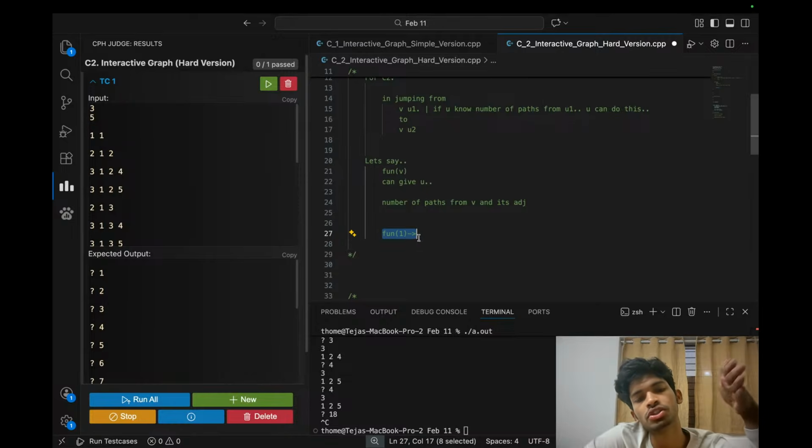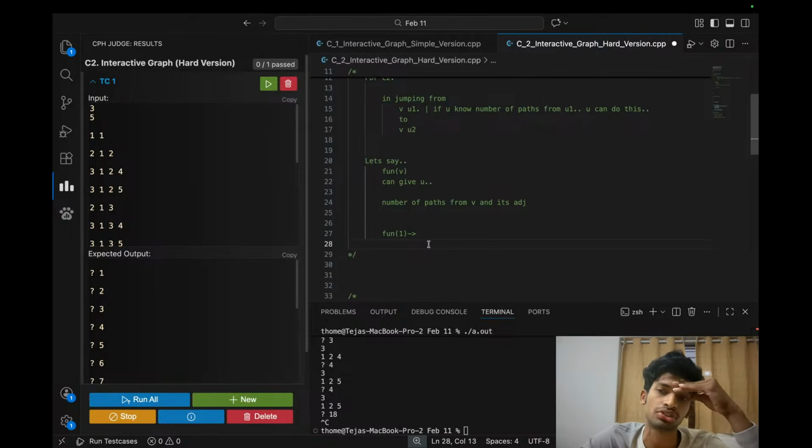See, how do you know the starting value of this one? That's the only question, right? How would you know the starting value?